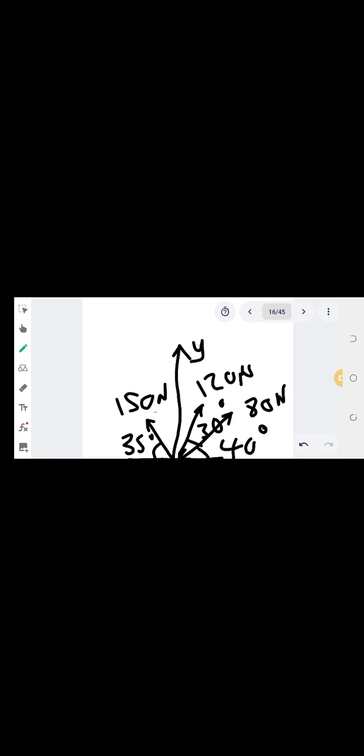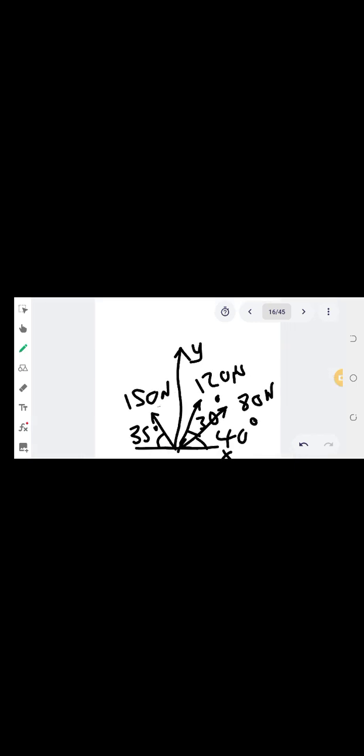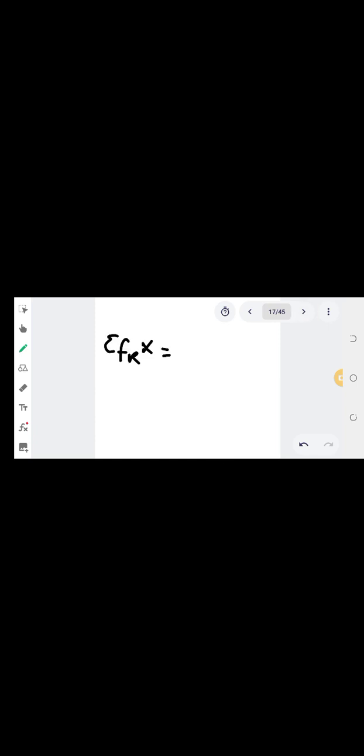So I'm starting with a 40. I mean with the 80 newtons, with an angle of 40 degrees with respect to the x. I've got this force which is 80 newtons.